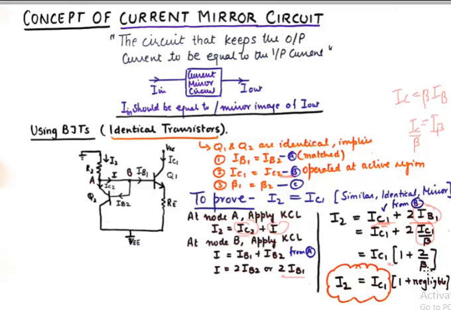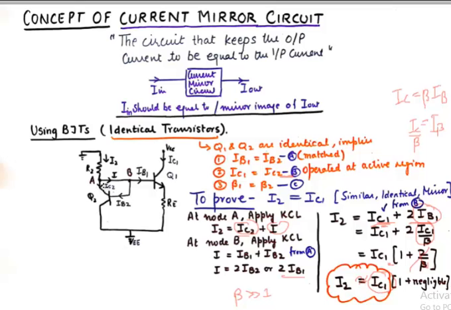I get 1 plus 2 upon beta in the brackets. And we know the value of beta is a lot greater than 1. So I can neglect this term. If I neglect this term, I'm left with 1 in the brackets, and 1 multiplied by IC1 is approximately equivalent to IC1. So my I2 gets equivalent to IC1.